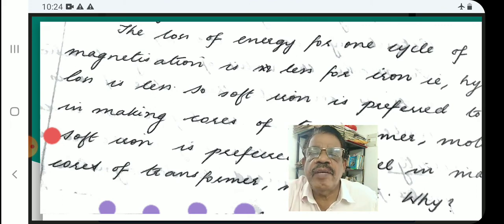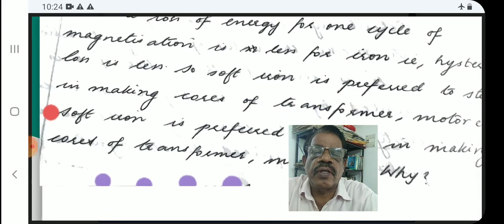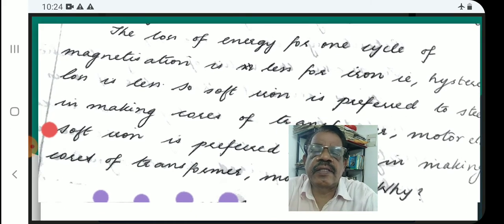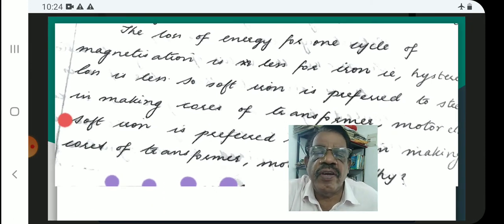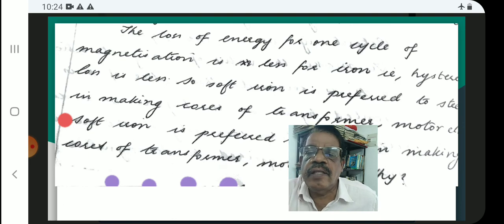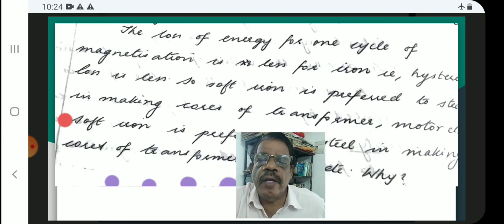The loss of energy for one cycle of magnetization is less for iron; that is hysteresis loss. Hysteresis loss is less. So soft iron is preferred to steel in making the core of transformers, motors, etc.